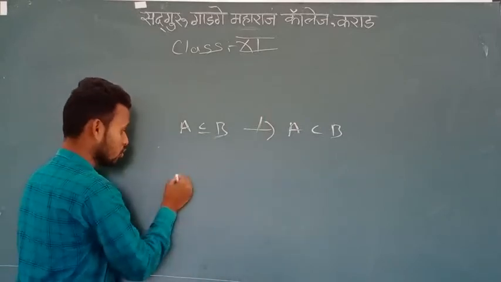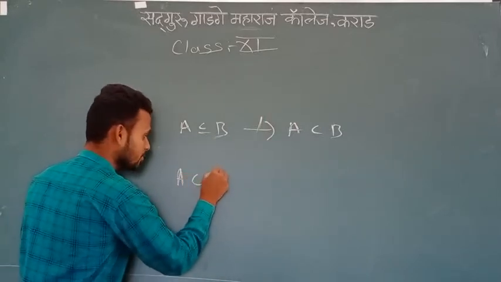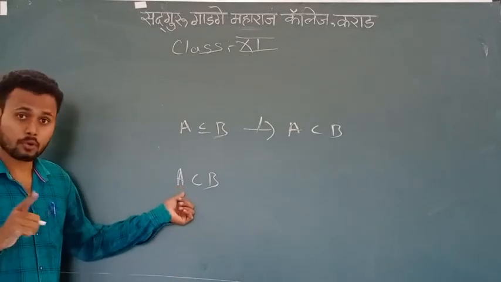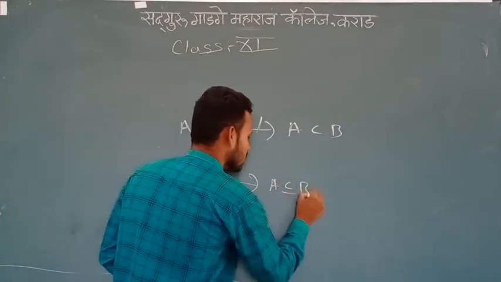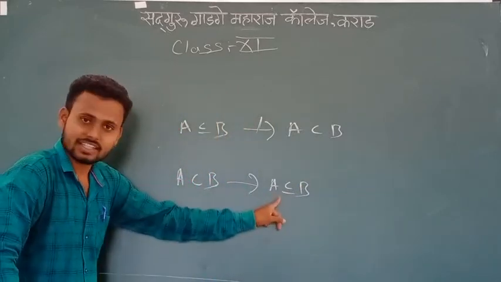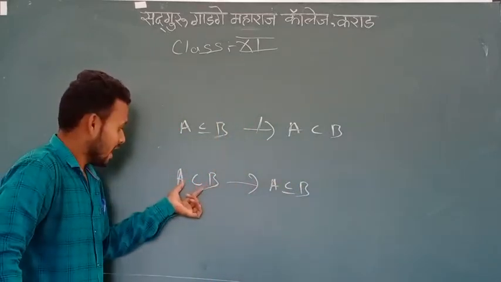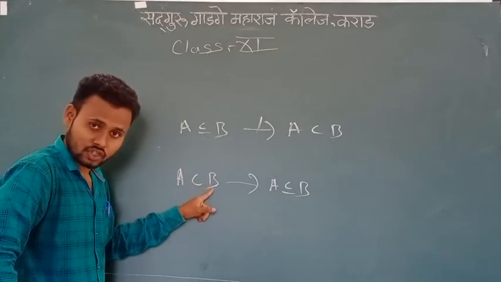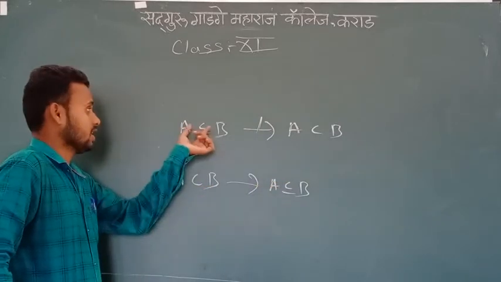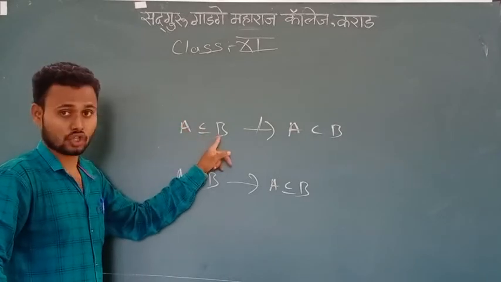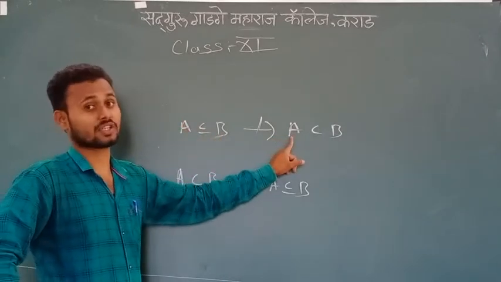But ही कंडिशन ट्रू होती: A जर B चा प्रॉपर सबसेट असेल तर तो A is subset of B असतोच. A is proper subset of B, then A is subset of B. It is true. But we can't say the converse.